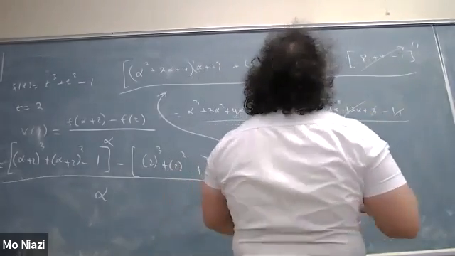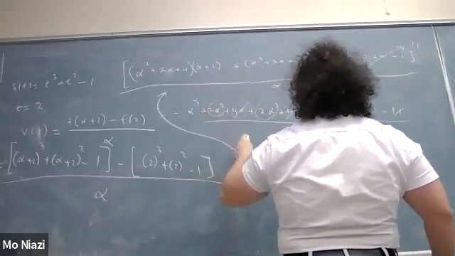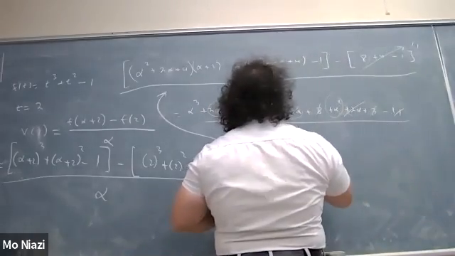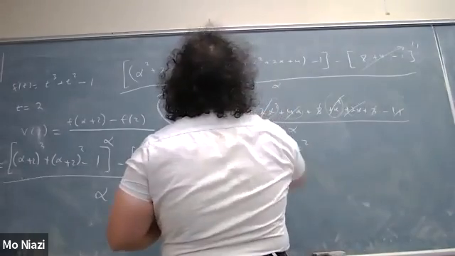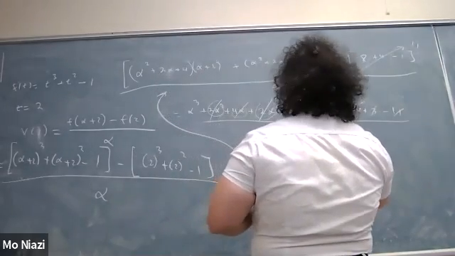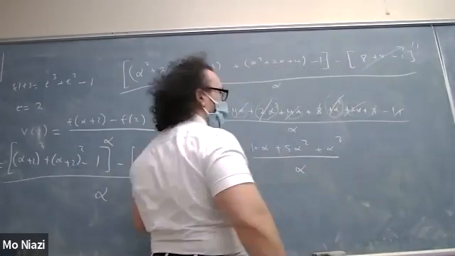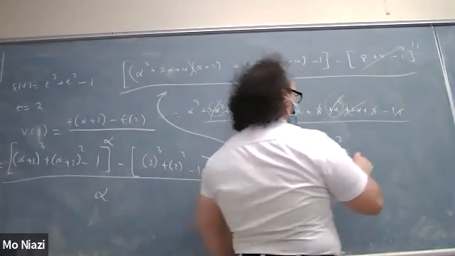I see an alpha squared term. This becomes 2 plus 2 plus 1, which is 5 alpha squared. Plus this alpha cubed that's remaining, all over alpha. We can factor out alpha from the numerator.